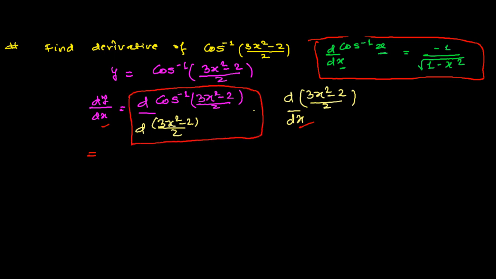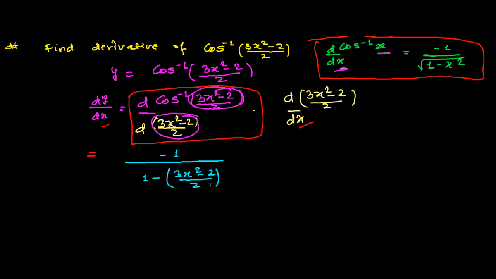Here we have cos inverse x, and here we have cos inverse of (3x squared minus 2) over 2. So we can write minus 1 divided by the square root of 1 minus this quantity squared, that is, (3x squared minus 2) divided by 2, whole squared, inside the root.